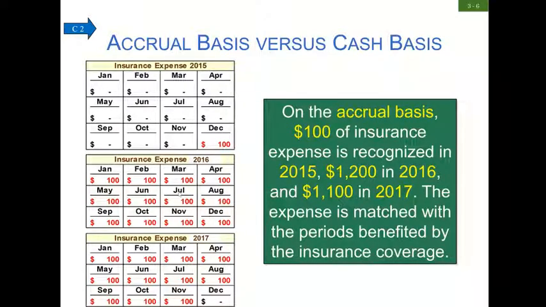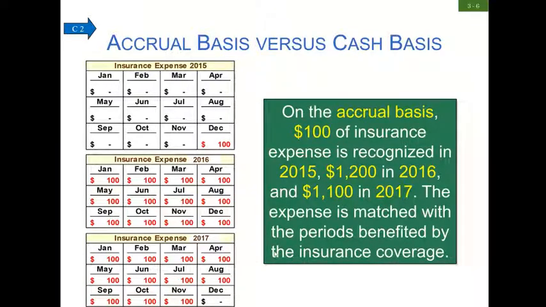In the second year, 2016, the company will benefit from the insurance for the whole year, and in 2017 the company will benefit from the insurance cover for 11 months.